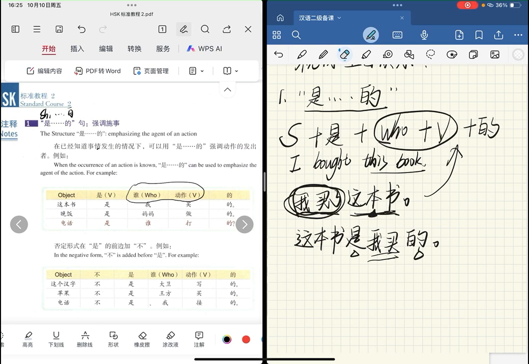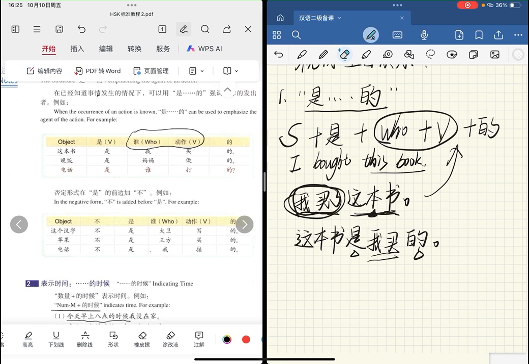And in the negative form, the 不 is added before the 是. We just add the 不 before the 是.